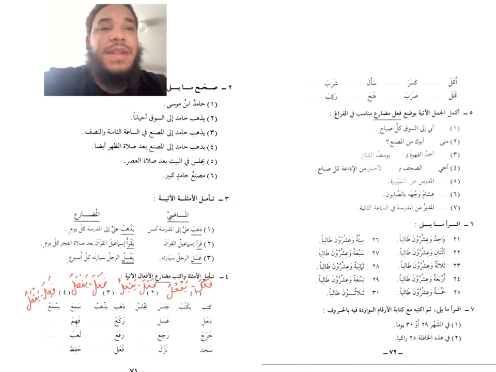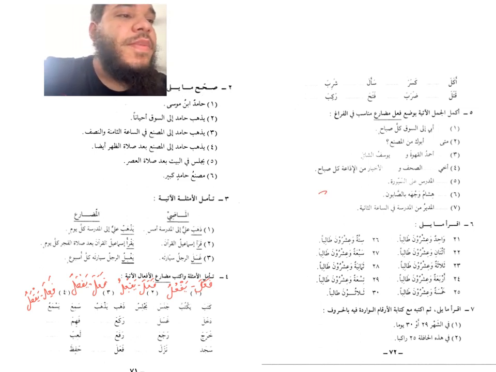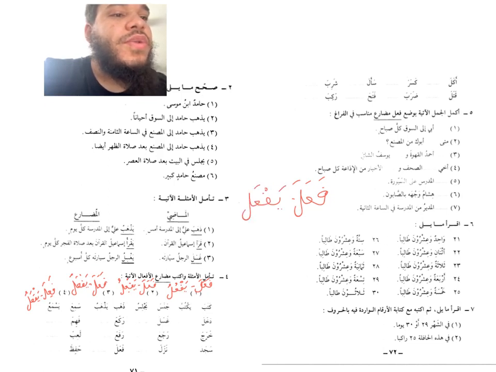In Medina Book 3, we will be studying form one verbs and their variations. But here, the variation I want you to pay attention to is the vowel sounds change in the present tense. So if we look here, this is an example. Fa'ala, yaf'alu. That means to do, okay?